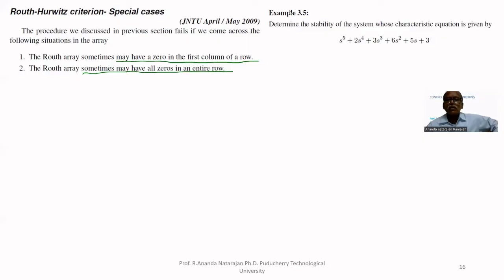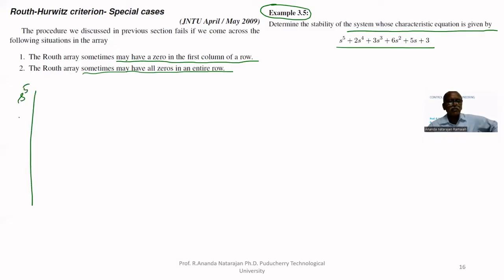Let us now consider this sum. Example 3.5. Determine the stability of the system whose characteristic equation is this. That is, the denominator polynomial of this system is this. So now we have to form the Routh array. What is the highest degree? s power 5. So we write s power 5 and s power 4, 2 rows.